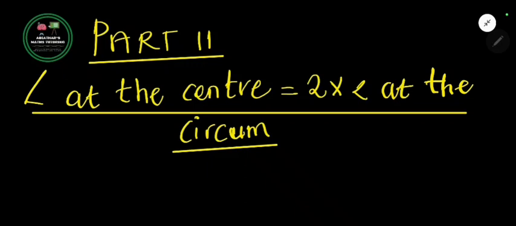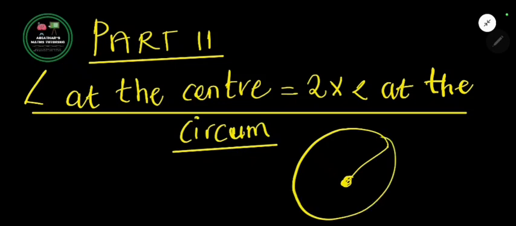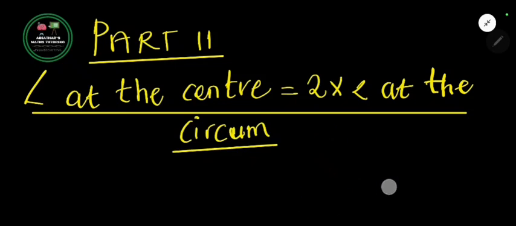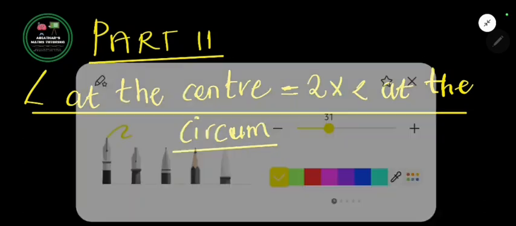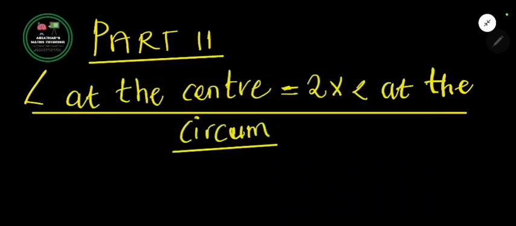Sometimes you might be confused about whether you start with the one at the center or the one at the circumference. It's always the center and then the circumference. The one at the center is equal to 2 times the angle at the circumference. Just make sure that you don't miss this.